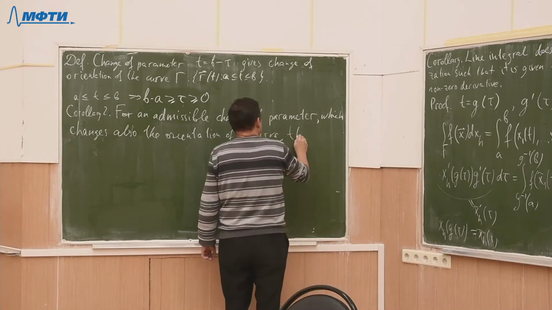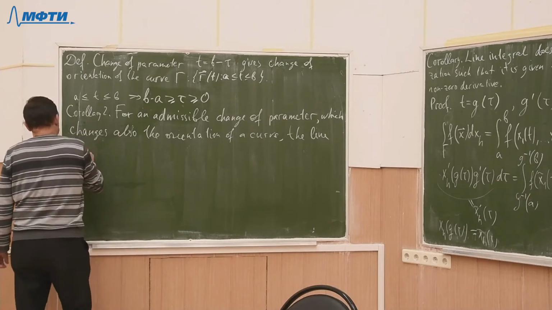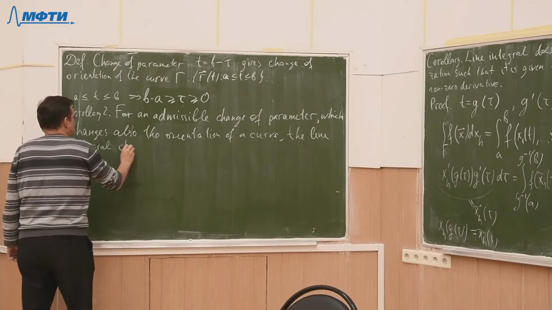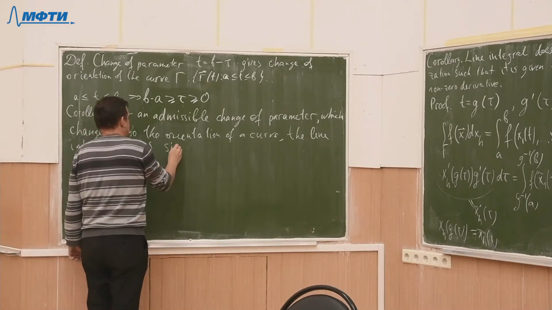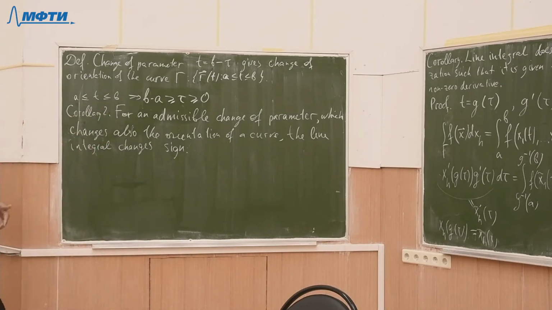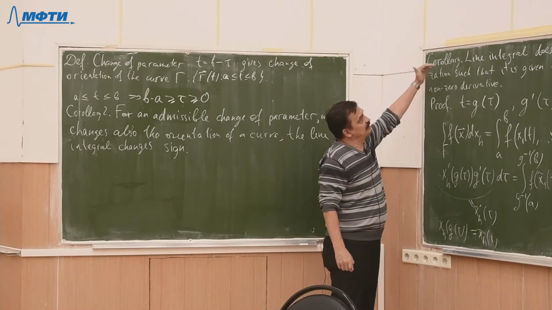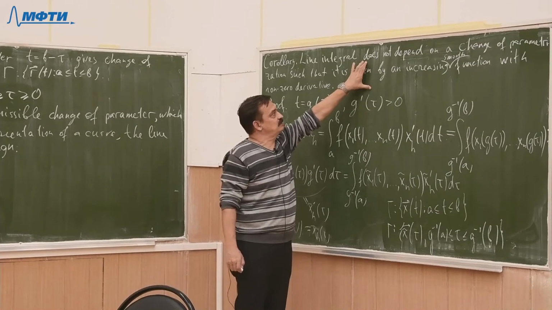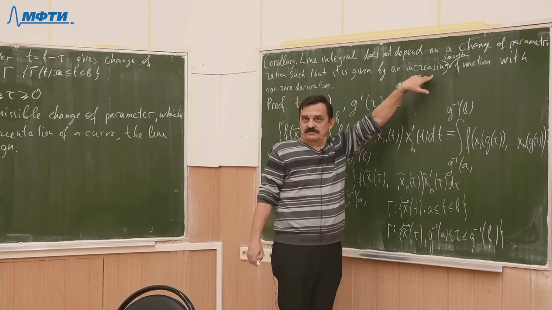The line integral changes sign. So you see, the first corollary says the line integral does not depend on a change of parameterization, if it is given by an increasing smooth function.